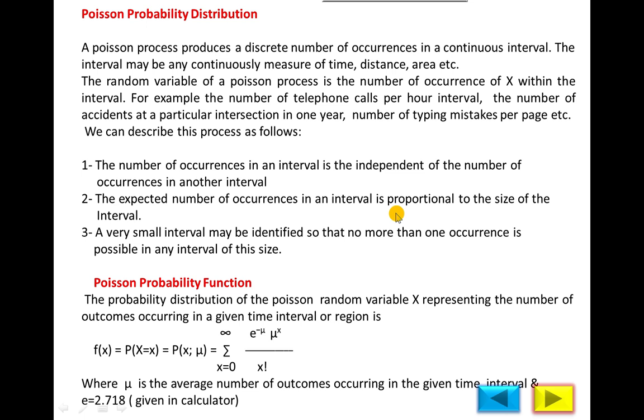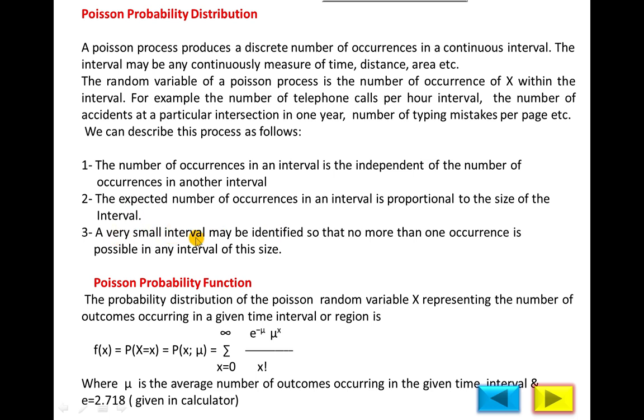For example, suppose you collect the accidents per month and then the number of accidents per day. Per day is a small interval, per month is a large interval. So per day the average will be small, per month it will be large. You have done mathematical expectation, average value. So the expected number of occurrences in an interval is proportional to the size of the interval.